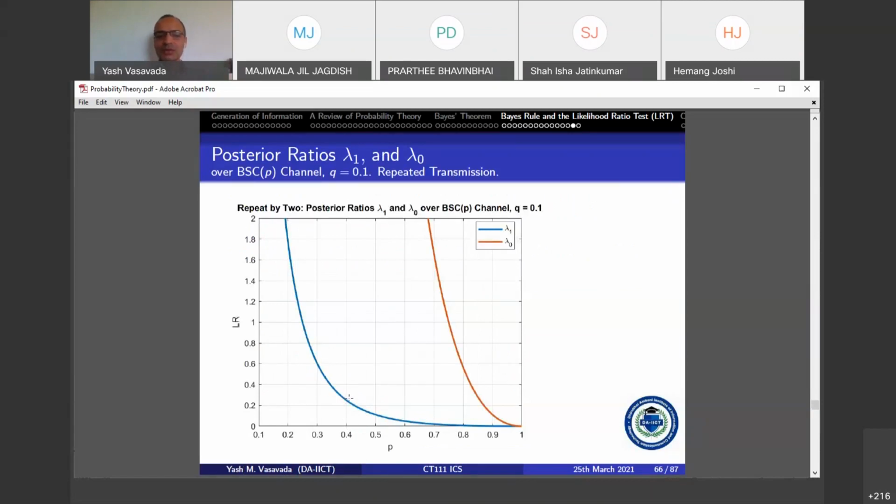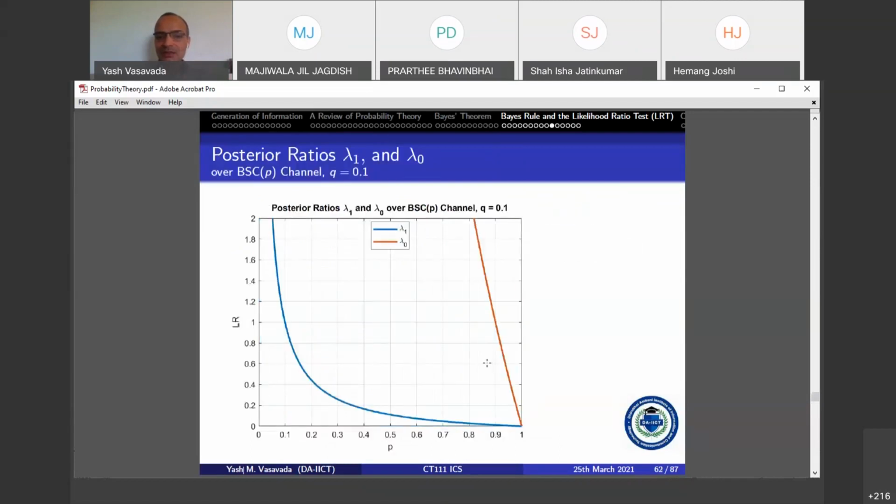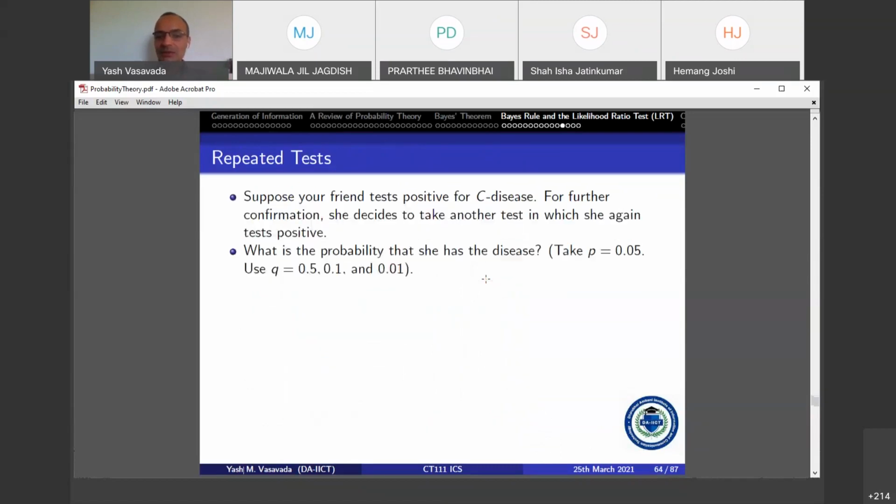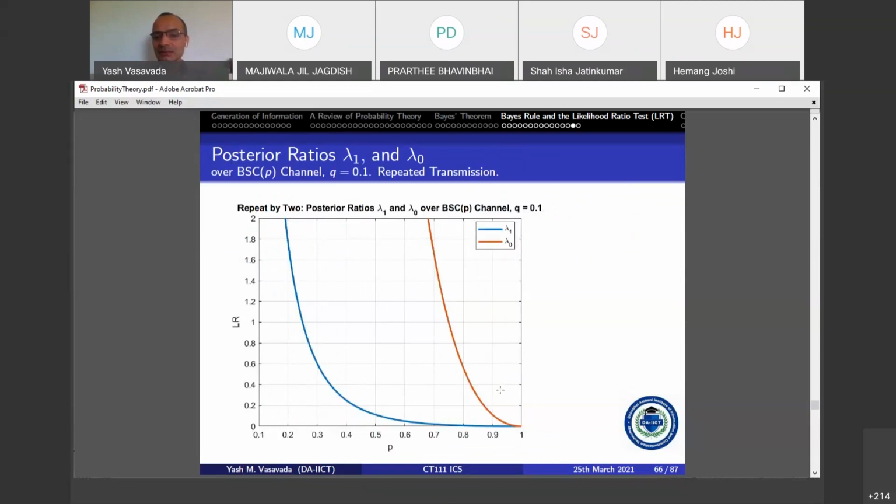It became maybe close to 0.25. And look also at what happens to the red curve. The red curve was just shooting up straight. Remember, the red curve is telling you the belief about you not having the disease. Now that also gets modified. You are not sure anymore that you don't have the disease.